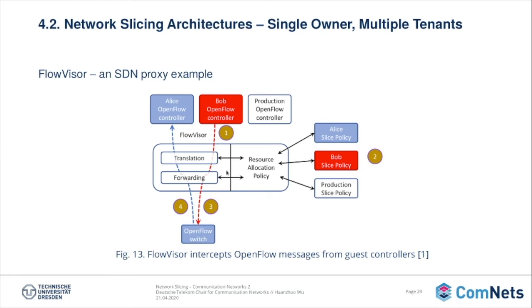So the job of FlowVisor here is mainly slice policy translation, validation, and then forwarding. The messages from the switches are forwarded only to the guests if they match the corresponding slice policy. All the checks and translations are done by FlowVisor. Here, the job of FlowVisor is as an SDN proxy.